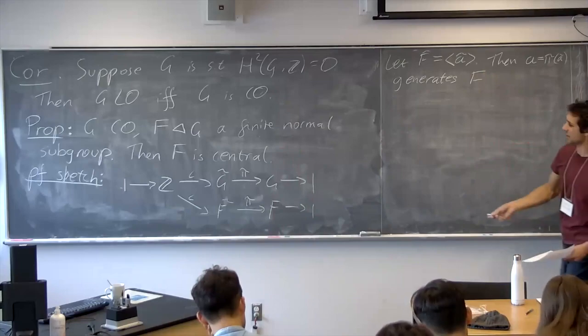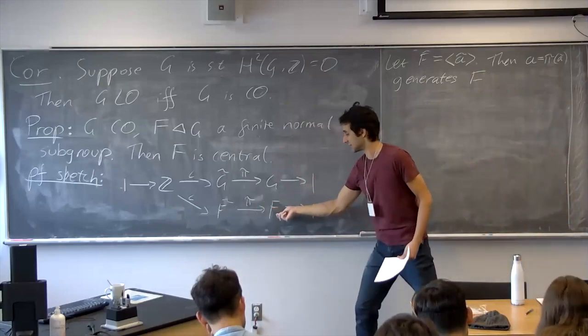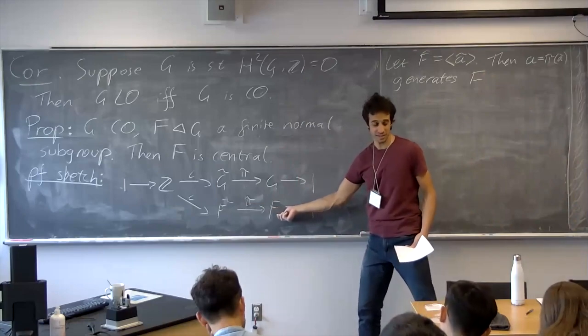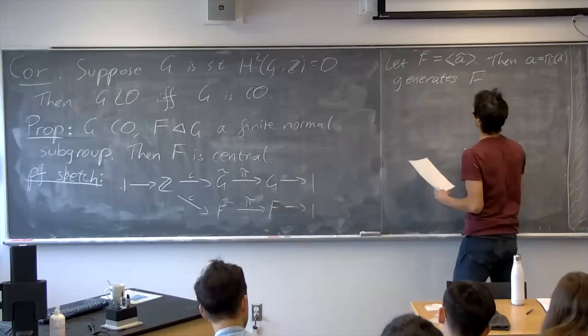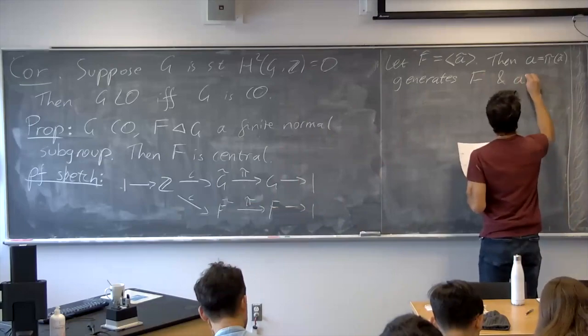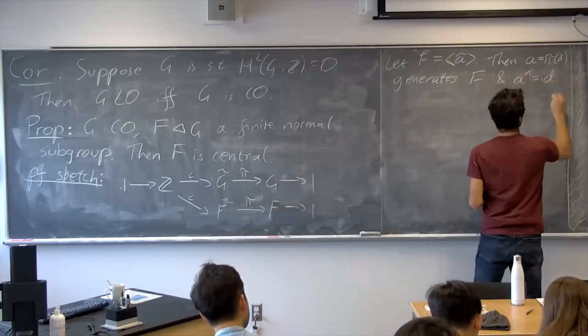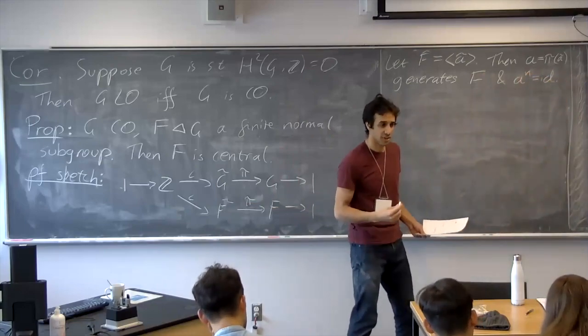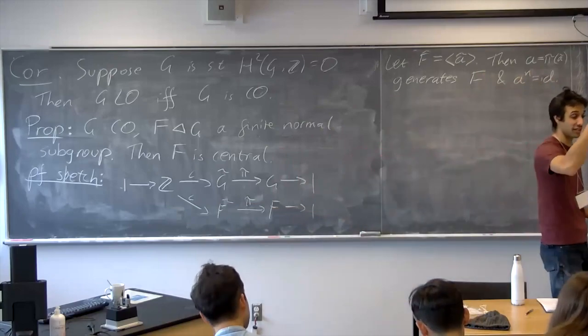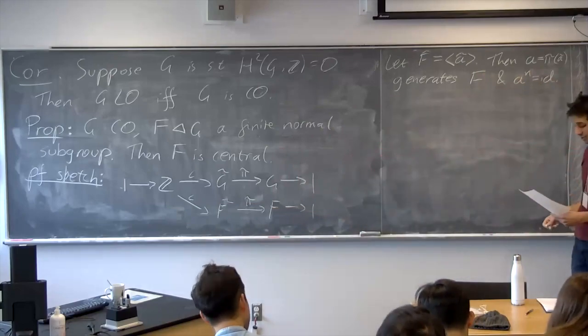So I've picked the generator of Z over here, and then that has to generate what's down here. Furthermore, A to the N is equal to the identity, because it's a finite group. So it's a finite cyclic group, there's some order of the finite cyclic group.